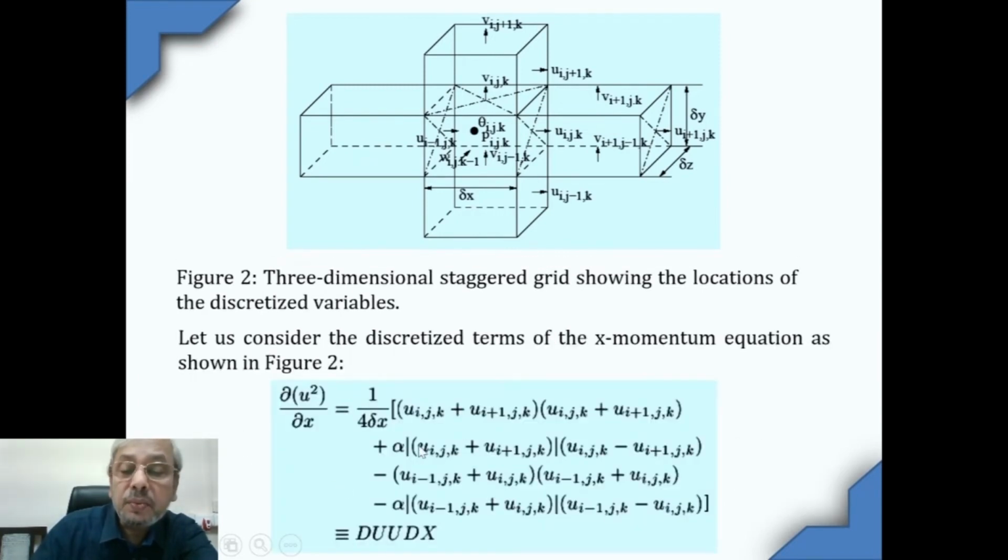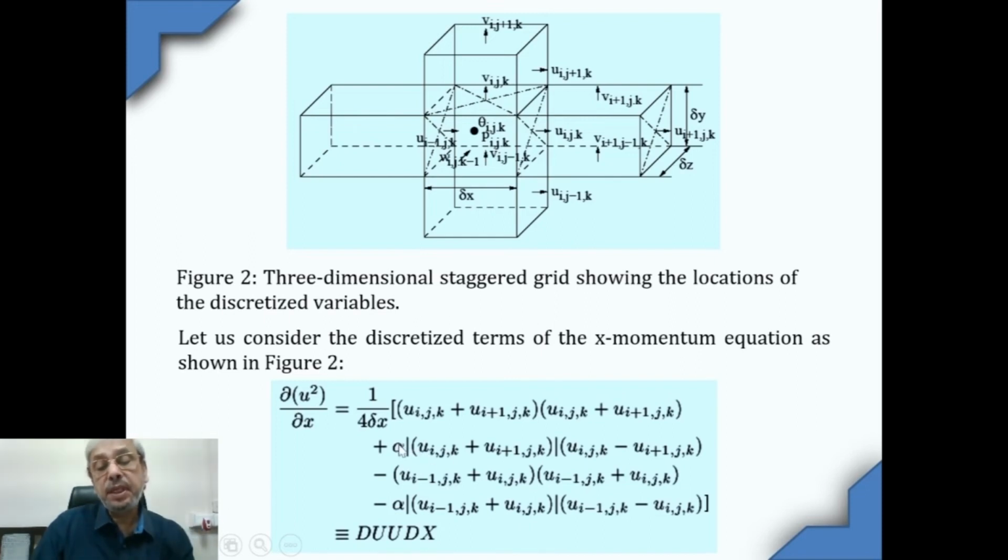So we can look at it. Alpha is there, and ui jk plus ui plus 1 jk, that means between these two, u by 2 is obviously hidden, has come here, and that velocity under modulus sign, and also ui minus 1 jk and ui plus 1 jk, average of that velocity. That means at the cell center, whatever is the u velocity, is under modulus sign.